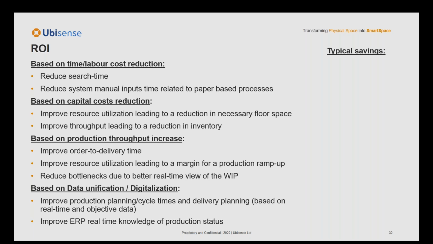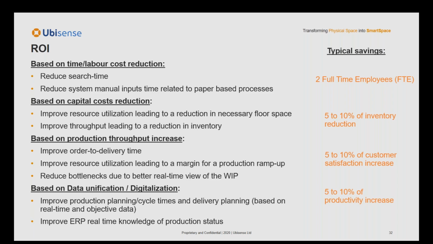To give you some idea about numbers here, for typical savings when you are looking for stuff on a yard, we've seen that often it's about 2 full-time employees that you can save. It depends on your site size, of course, and your processes. You can get a 5 to 10% inventory reduction, so that's also a lot. You can have a customer satisfaction increase because you are delivering more on time than before, 5 to 10% of that.